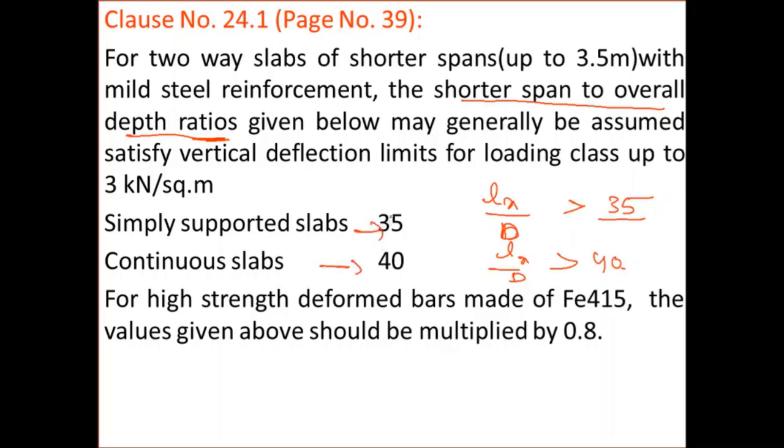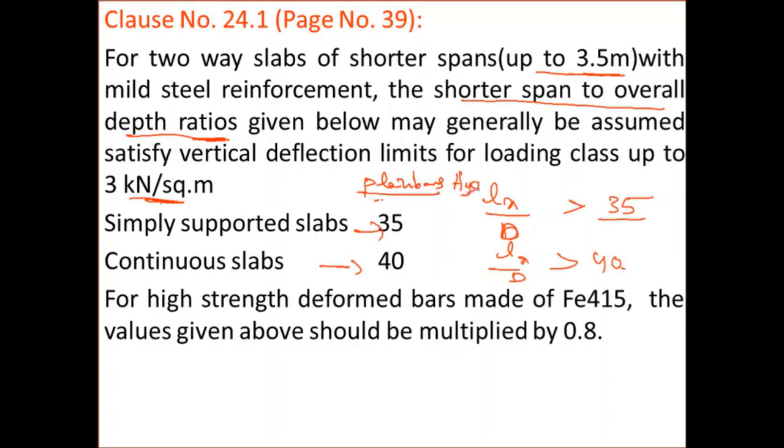But remember that these clauses are applicable only for the short span up to 3.5 meter, and if the loading is up to 3 kilonewton per square meter. Only if these two conditions are valid can we consider this criteria. Also, these two values are applicable only for plain bars.